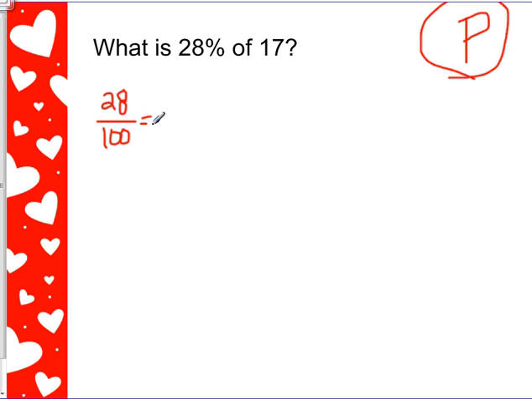And I need to figure out, is that 17 my part or my whole? Well, in this case, it's my whole, so it's going to go on bottom. My unknown or my part is going to go on top. From here, I can cross multiply, so I can do 28 times 17 equals 100x.